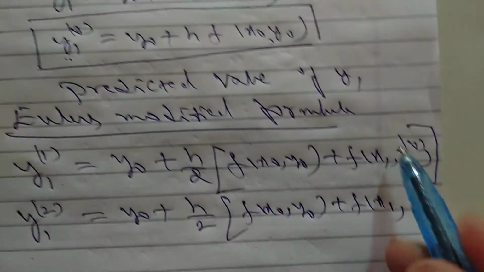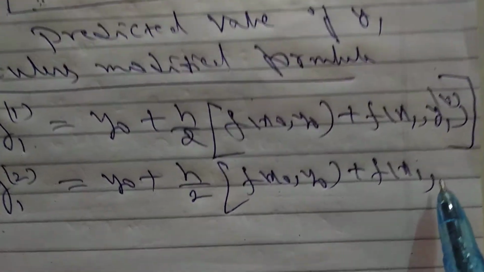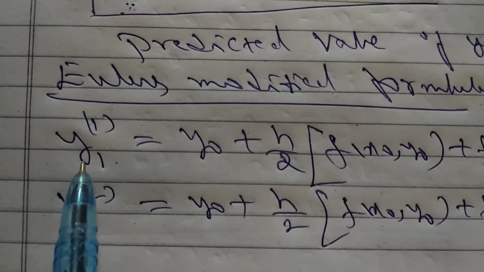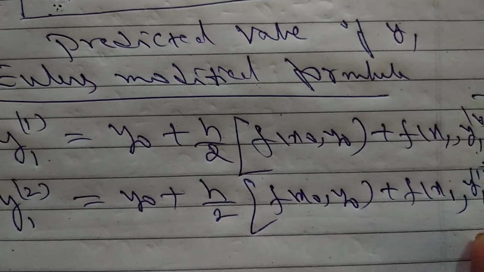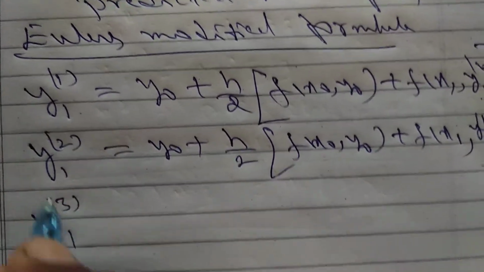Here y1 to 0 we take from Euler's formula. Now the change is that in y1 to 2 you have to write y1 to 1. Similarly, we can write y1 to 3.